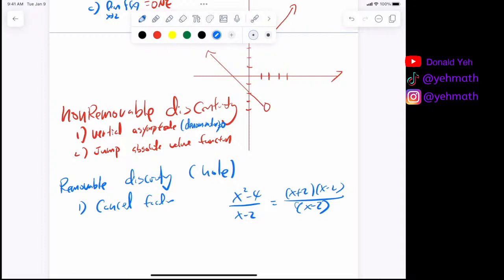X equal to 2, because you cancel this, the hole, x minus 2 equal to 0, x equal to 2, and that's the hole, or removable discontinuity. So you get a removable discontinuity by canceling a factor. You get a vertical asymptote by setting the denominator equal to 0, but usually after you cancel factors first, because you can have one overwrite the other.